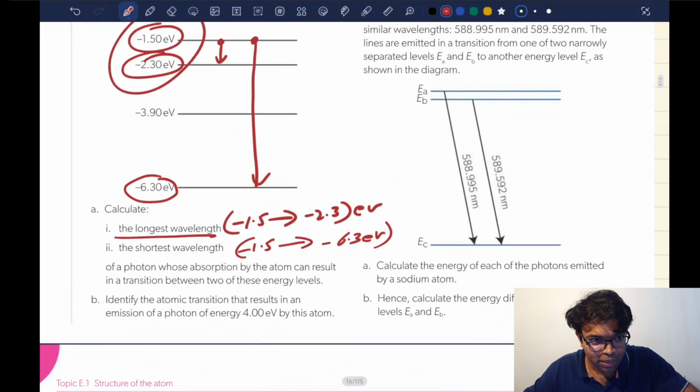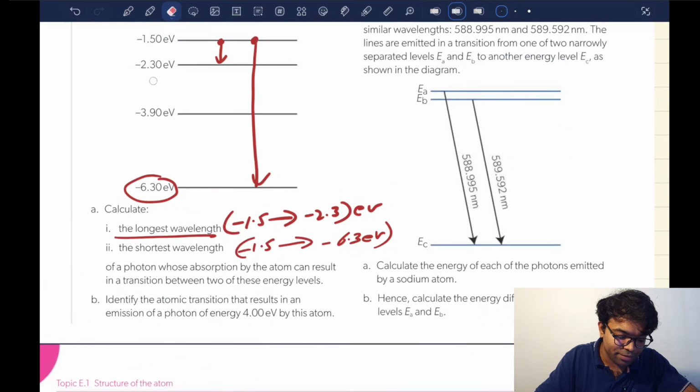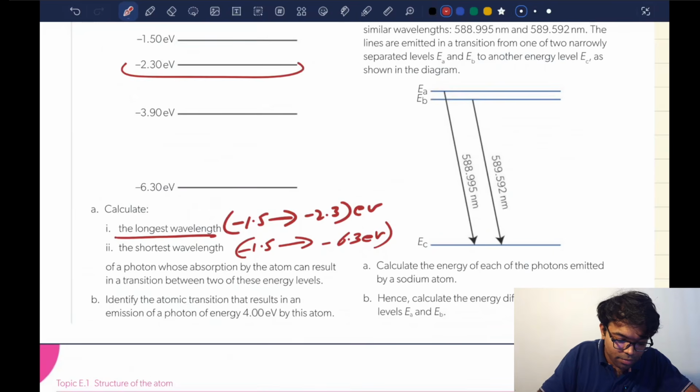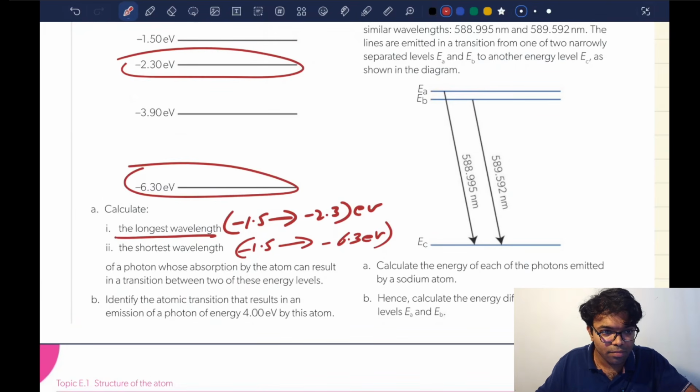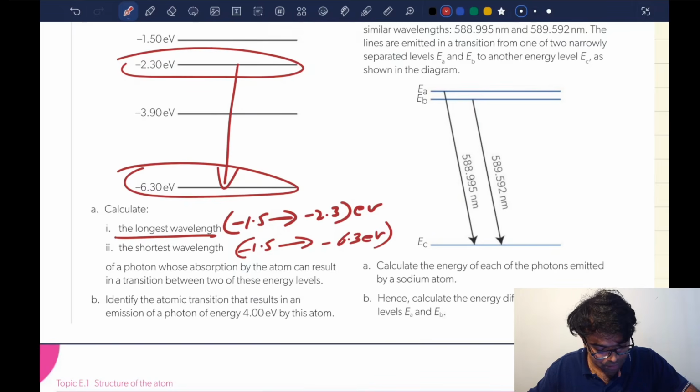Where do you see a difference in energy level of 4 electron volt? Between which two energy levels? So the transition actually took place from the second excited state to the ground state.